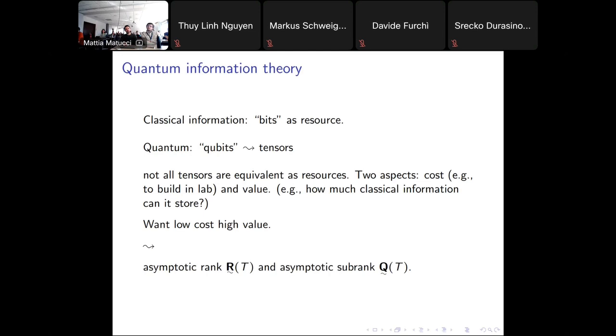So this whole business, if you've heard of LOCC and SLOCC, that's what I'm talking about. That gives another motivation, because now we're going to look at the tensors known to have minimal asymptotic rank, and then we want to have as much value as possible for our money.